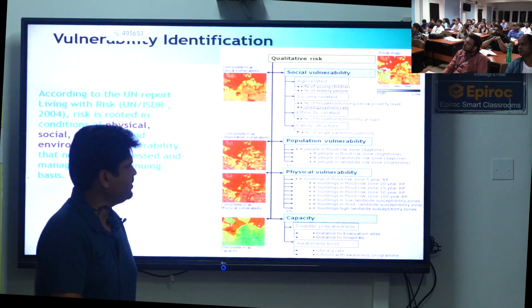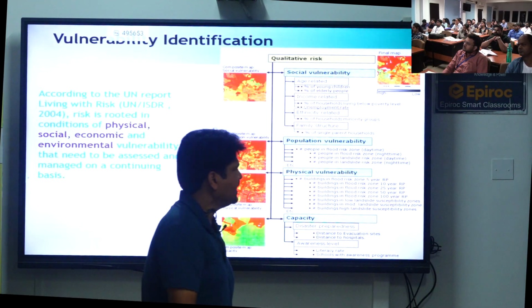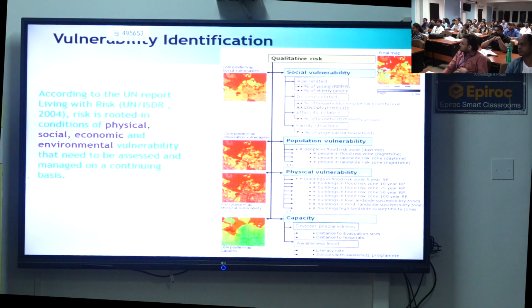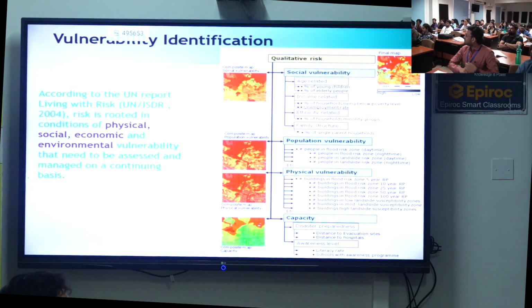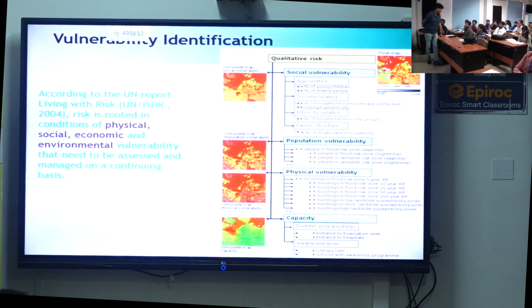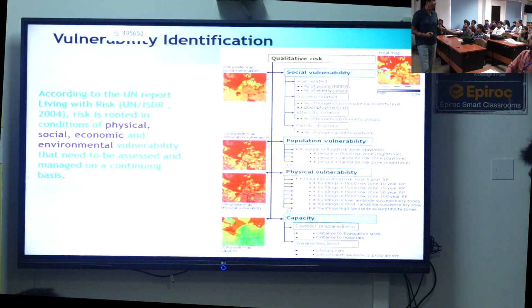Social vulnerability is what? Age related. For example, if an earthquake happens, 9 on the Richter scale, massive. Now there is an old age home, like in Australia, they are very popular. India is also, sadly, becoming popular. Everyone is working now, no one has time to take care of the old parents.